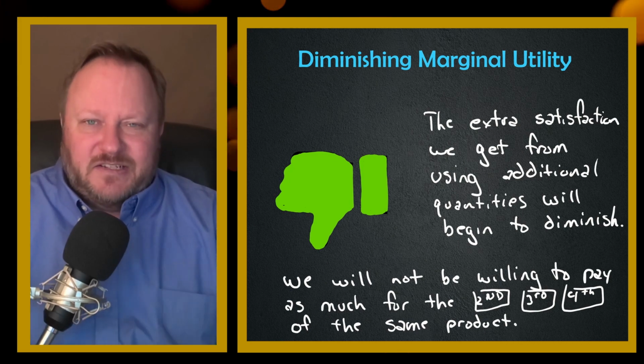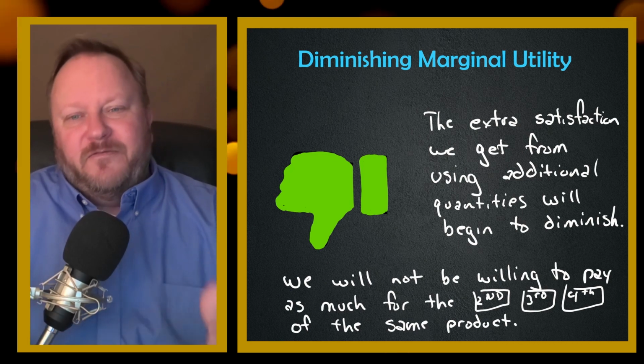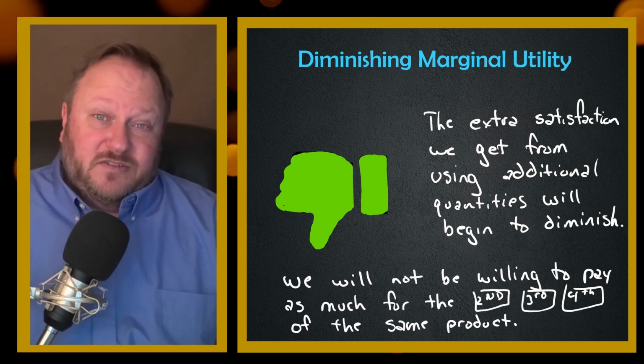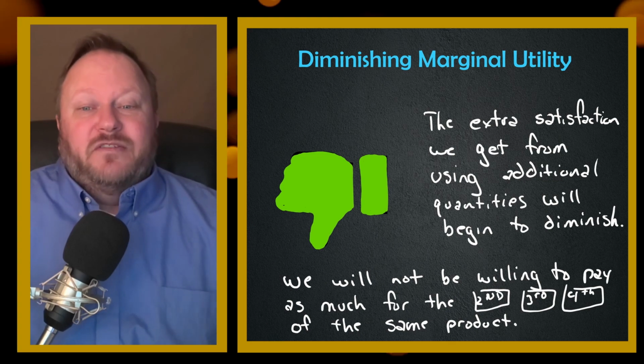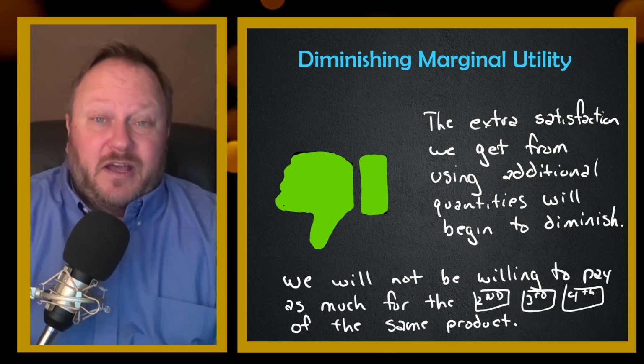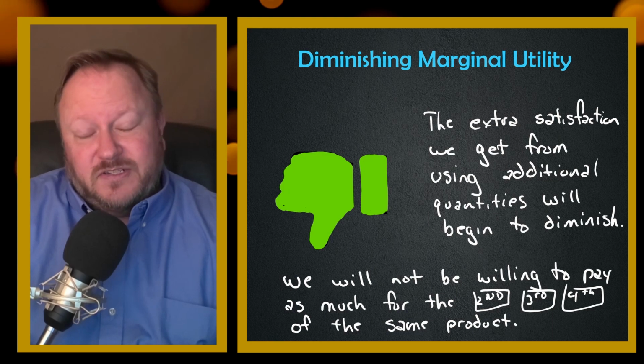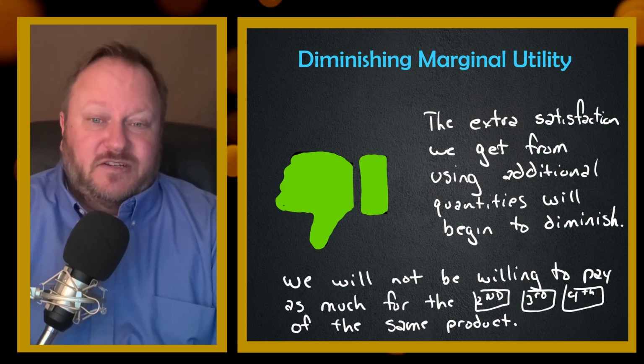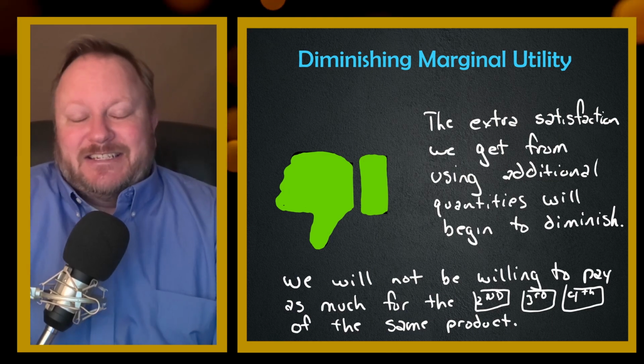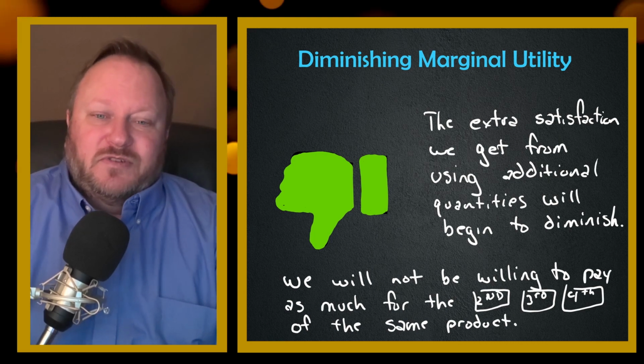As he begins to purchase more and more, the value of the extra t-shirts is going to diminish. He will not be willing to pay as much for his later t-shirts as he would have for the first t-shirt, because he's seeing a diminishing marginal utility.